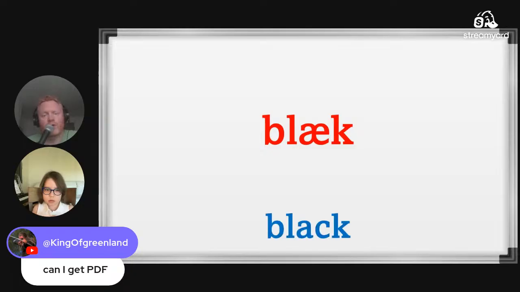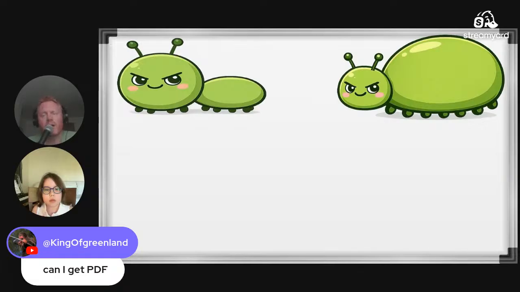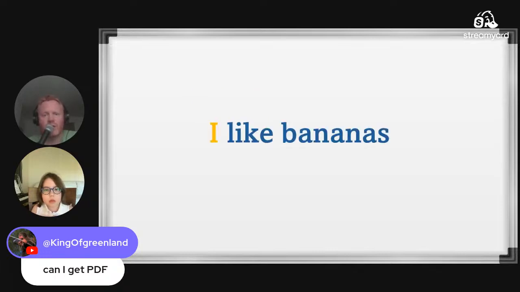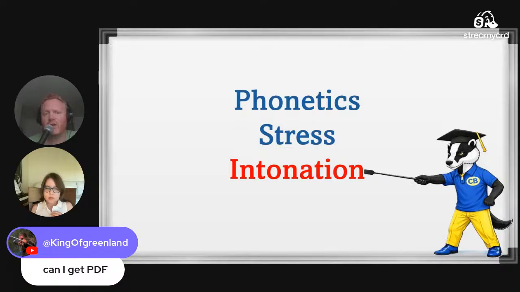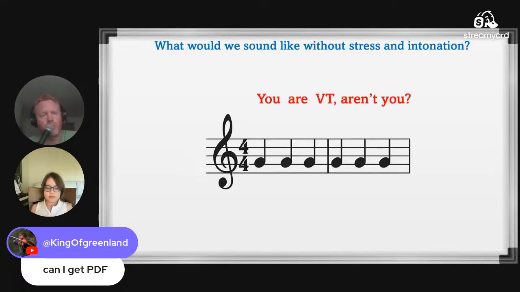So the words which you make more important in your speech by saying them louder and longer. Word stress, like teacher. Okay, and then we did sentence stress, when you can stress words in a sentence. You can say, I like bananas, or I like bananas, or I like bananas. And they all have a different meaning. And then intonation, the music of your voice. Don't sound like Robot Chris. Put music in your voice. We looked at rising intonation for questions and falling intonation for statements.